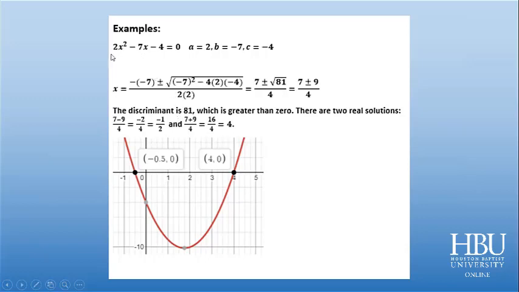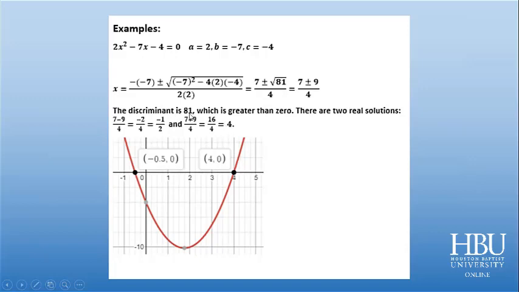If you graph y equals 2x squared minus 7x minus 4, that graph will be this U-shaped curve that looks like a parabola, and its x-intercepts will be -1/2, or -0.5 as a decimal. The other x-intercept will be positive 4.